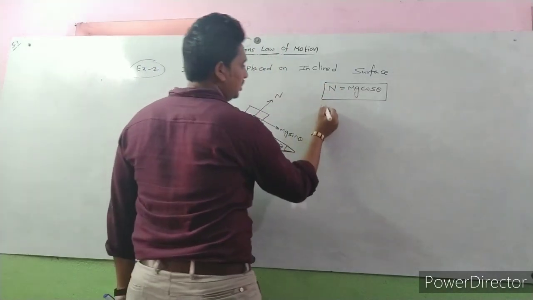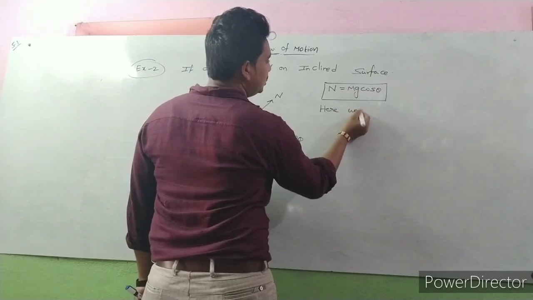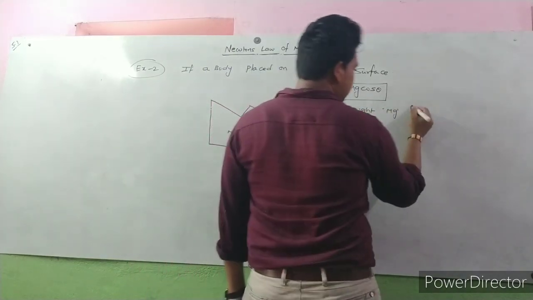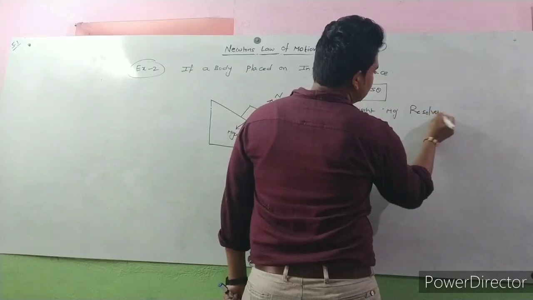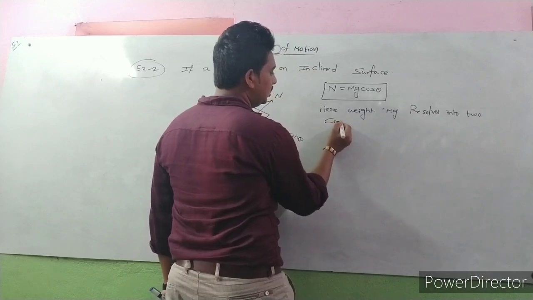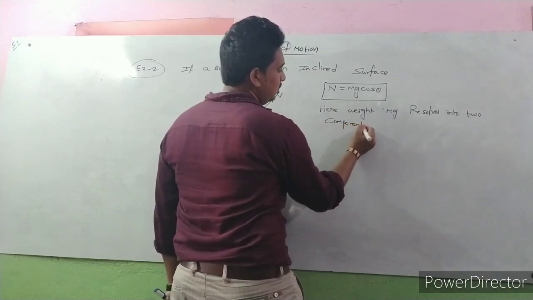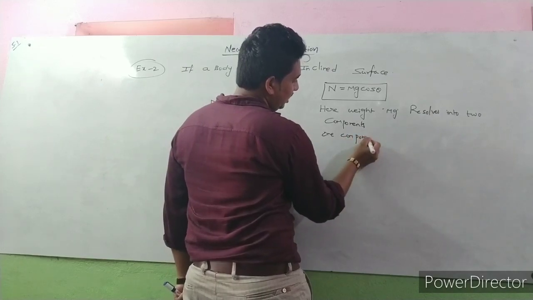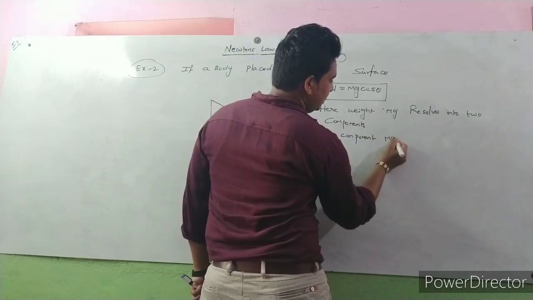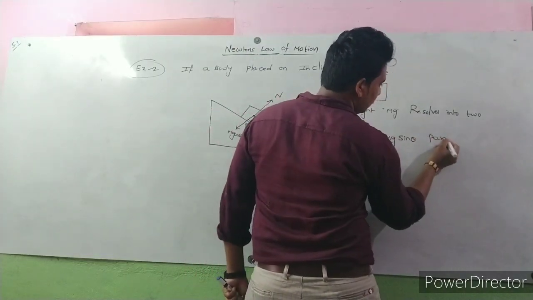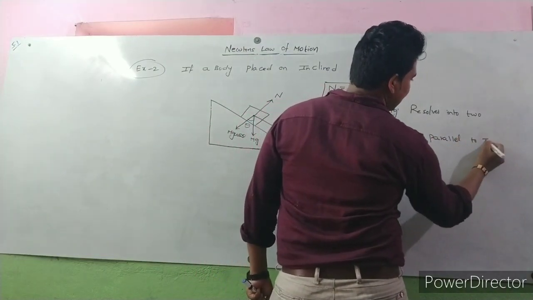Here the weight mg resolves into two components. One component, mg sin theta, is parallel to the inclined surface.